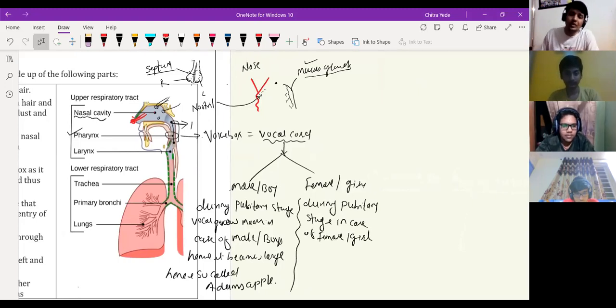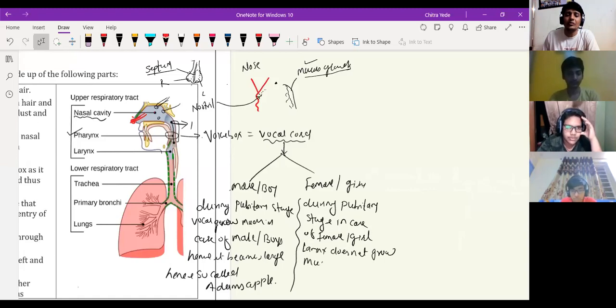in case of female or girl, the pharynx or the voice box, I'm writing, sorry, larynx, does not grow as much as in males. Hence the females, or girls, have a soft voice.